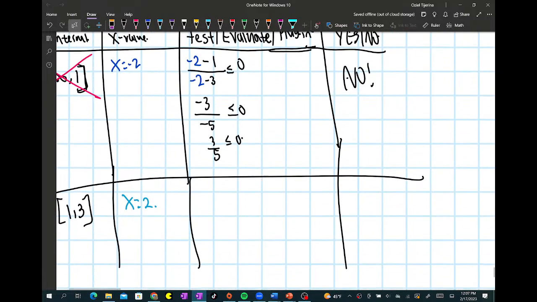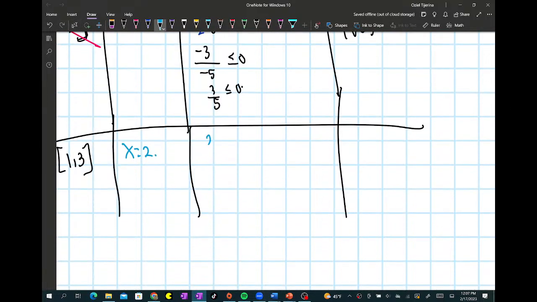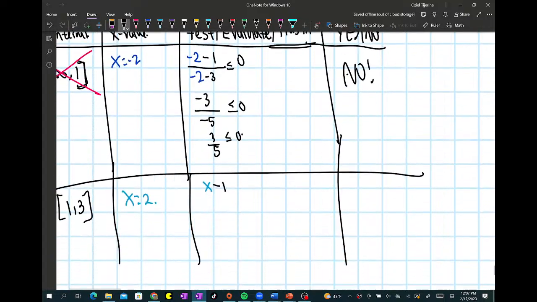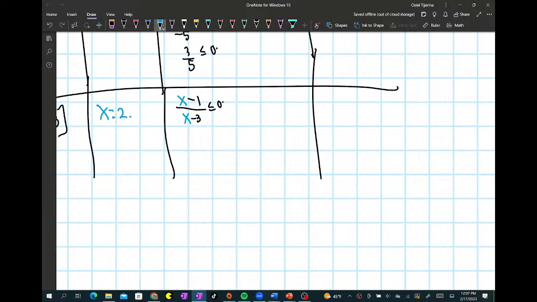And when I do that, this is the inequality. Let me rewrite it so that you guys know what I'm doing. X minus 1 over x minus 3 less than or equal to 0. I'm basically going to plug in x equals 2. So 2 minus 1 over 2 minus 3 is less than or equal to 0.